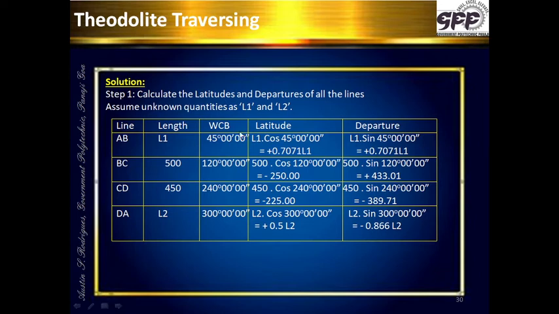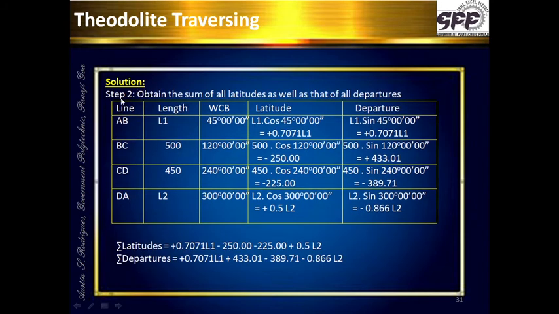So this way we have calculated all the latitudes and all the departures. Please note that L1 and L2 appear in the latitude, and L1 and L2 appear in the departure also. Now after doing step 1, that is calculating the latitudes and departures of all the lines, let us go to the next step. Step number 2 is to obtain the sum of all latitudes and their departures separately.